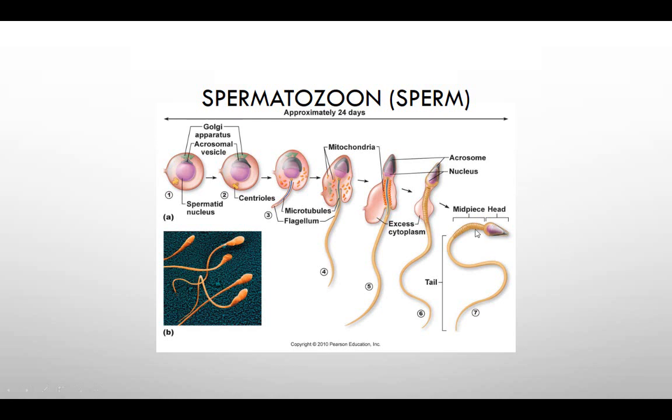And then here's your mid piece, which is going to house the mitochondria, which produces a lot of ATP. And then finally you have your tail, which is the locomotion part. So the head is the most important part for fertilization with the egg, right? It mixes with the egg's DNA and you start to create a new cell. The mid piece is really important because it's producing a lot of energy for the tail to propel itself. Okay.